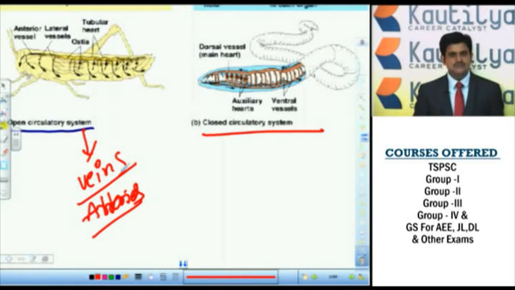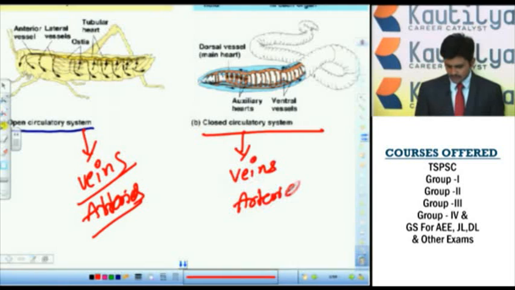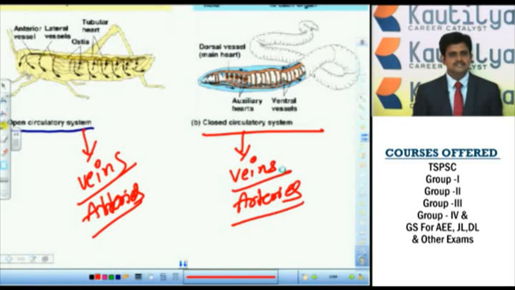And the closed circulatory system is a well developed circulatory system. That means blood flows through proper channels, which, as I told you, are the veins and arteries. Oxygenated blood flows through the arteries and deoxygenated blood flows through the veins. So if it has a well developed circulatory system, we call it a closed circulatory system.